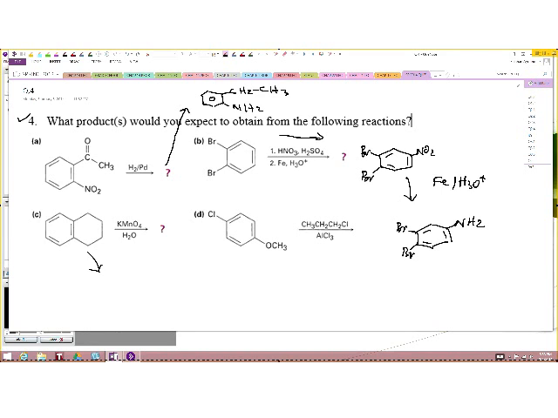How do you know we have to reduce it? Okay. This reagent here, right here, what it does is to transform an NO2, a nitro group, to an NH2.